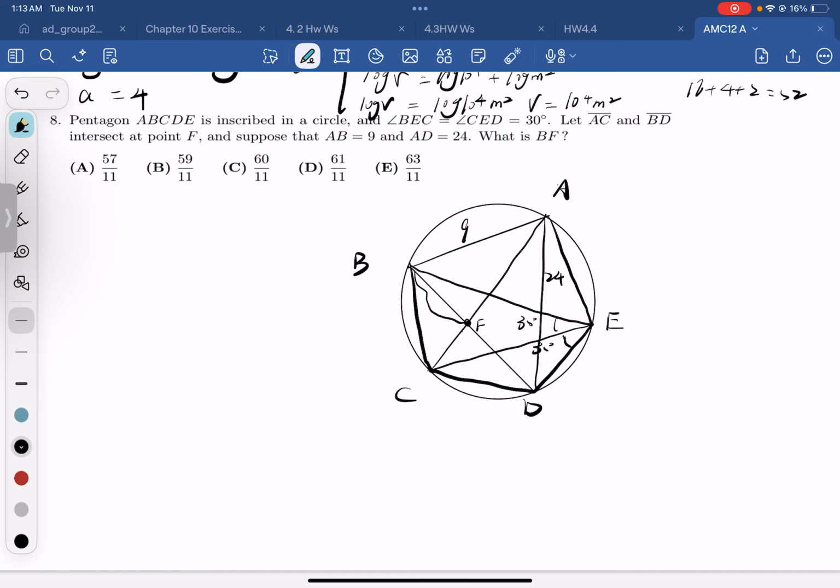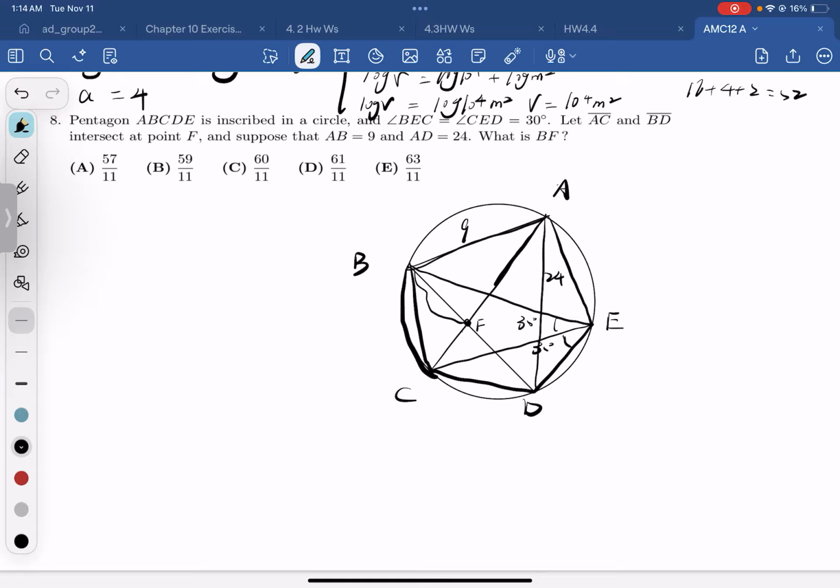Alright, this one's pretty tricky, but it's pretty easy to solve if you know some geometry knowledge about the circle. If the arc corresponds to the angle in the circle, which is BEC, it should equal the same angle that the same arc corresponds to. So the arc BC corresponds to the angle BEC, and it corresponds to BAC as well.